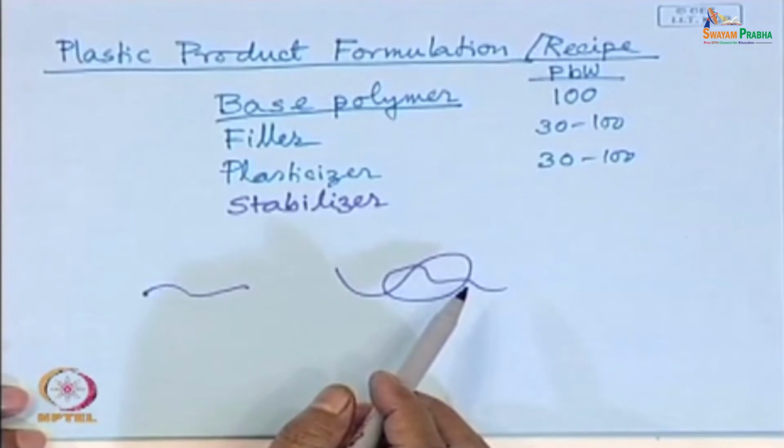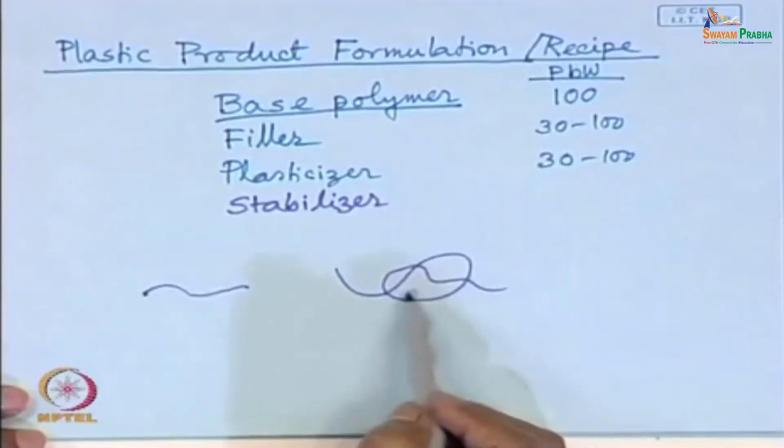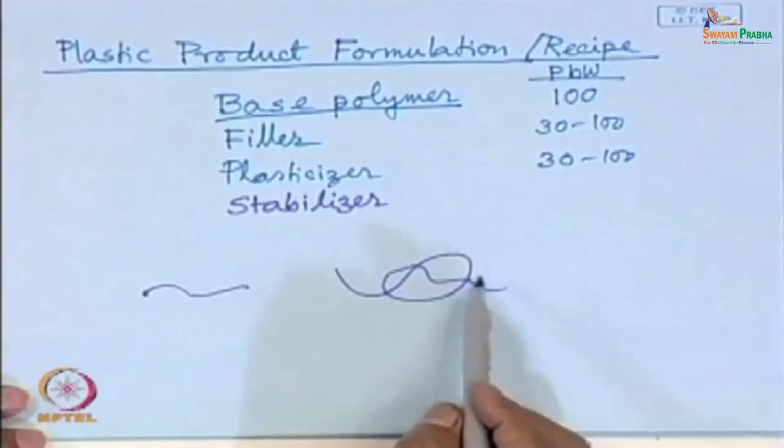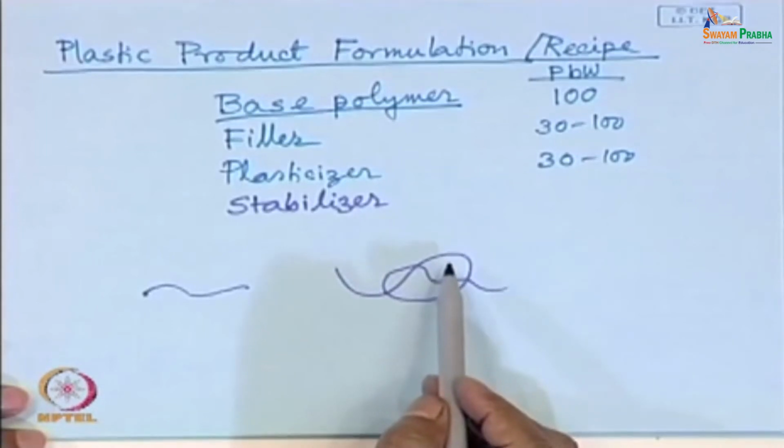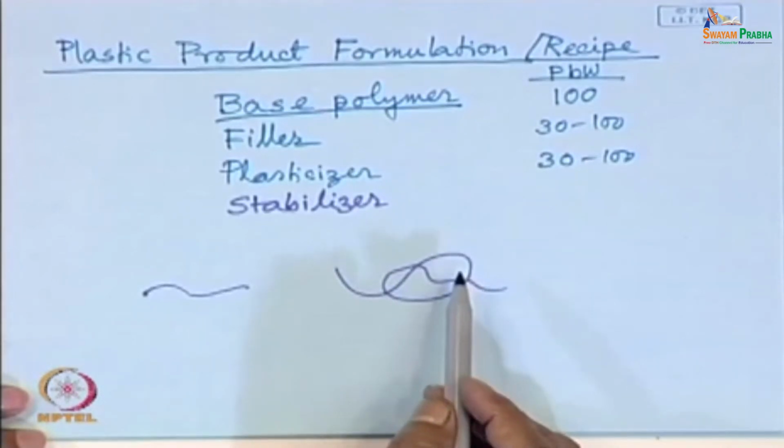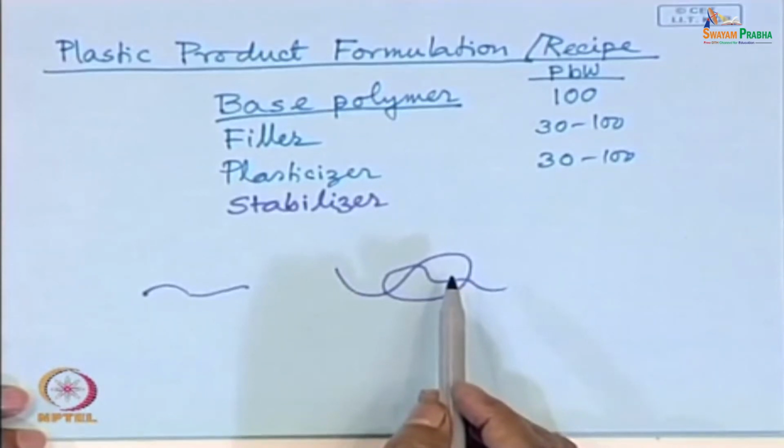So, here if you add say 100 parts of filler to 100 parts of polymer, you can incorporate, and you will be surprised to know that in some rubber products to 100 parts of rubber, more than 1000 parts of fillers are incorporated.